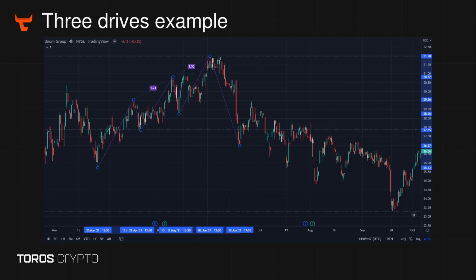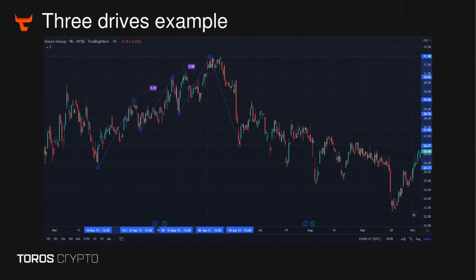Here we do actually have a 3 drives pattern that is symmetrical in time. So that time factor is perfect. The levels of these is the 1.74 to the 1.56.